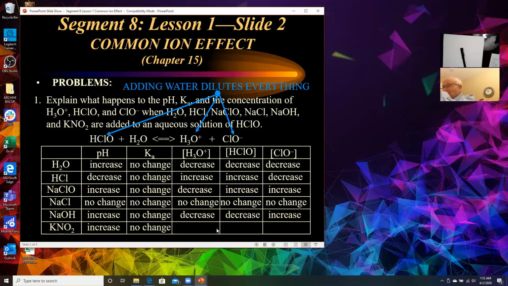Now, Ka won't change. So now, if I put nitrite into that solution, it's going to react with this acid, and it's going to decrease its concentration. Decreasing its concentration shifts the equilibrium to the left, would reduce the concentration of the hypochlorous acid, and increase the concentration of hypochlorite ion. So this sort of illustrates, I think, all the types of things that you could add.